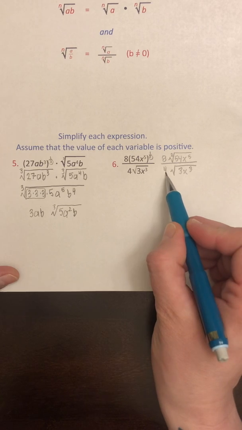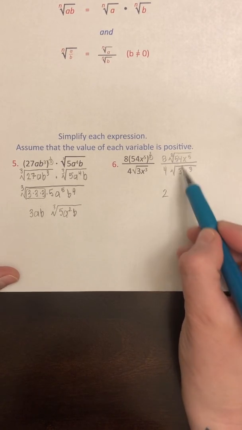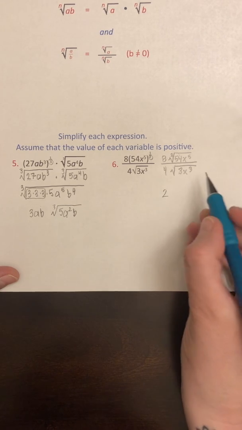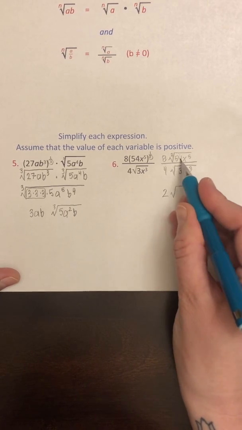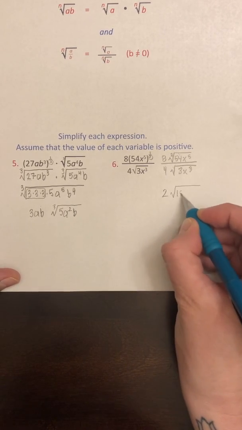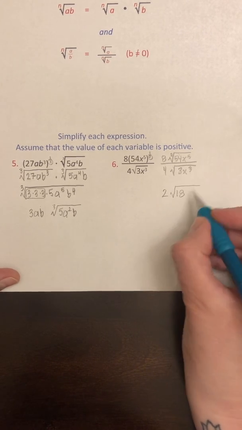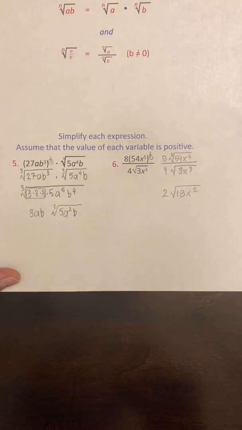So 8 divided by 4 is 2. Because these have the same index, this is understood to be a 2 and this is a 2, I can divide these. So 54 divided by 3 is 18. And then x to the 5th divided by x cubed. Remember, you keep your base, you subtract your exponents, so we're gonna end up with x squared.